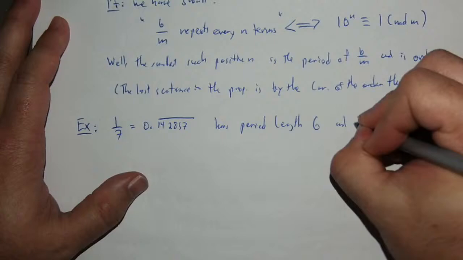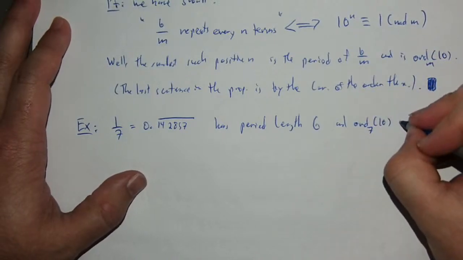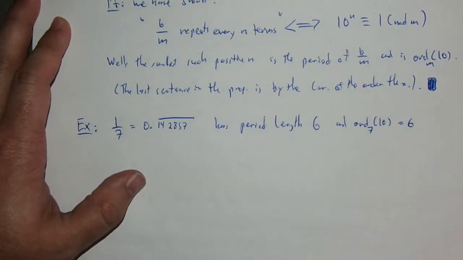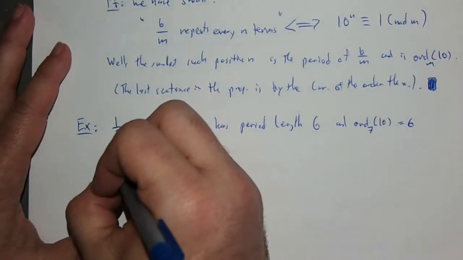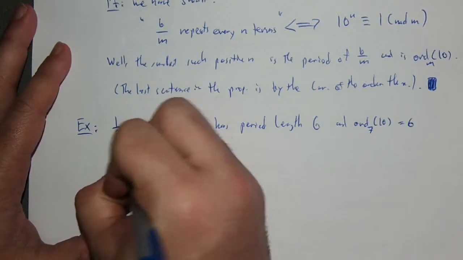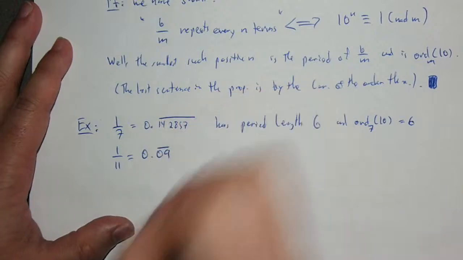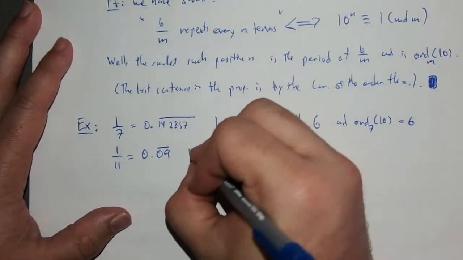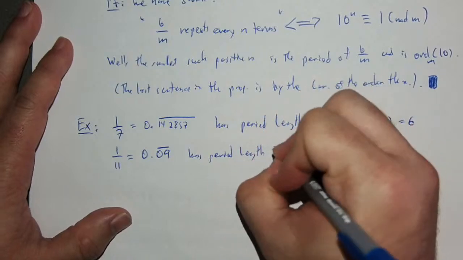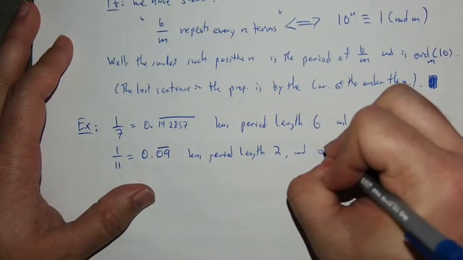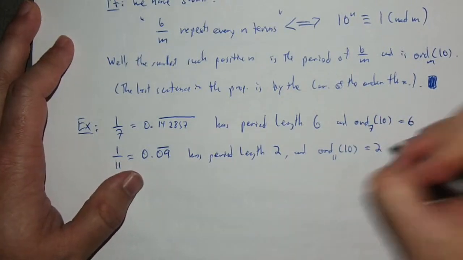And the order of 10 mod 7 is 6. 1 over 11 is 0.09 repeating. This has period length 2. And the order of 10 mod 11 is 2.